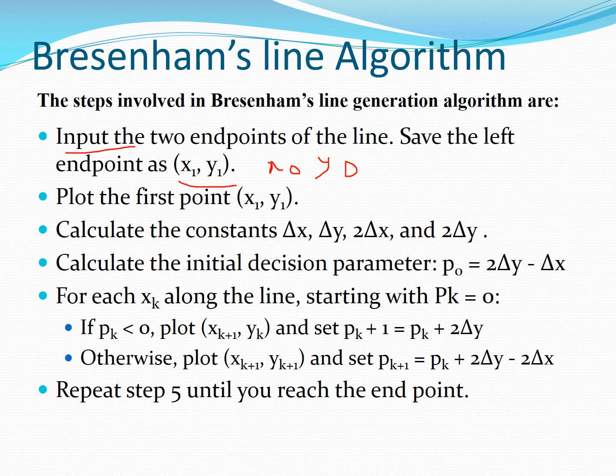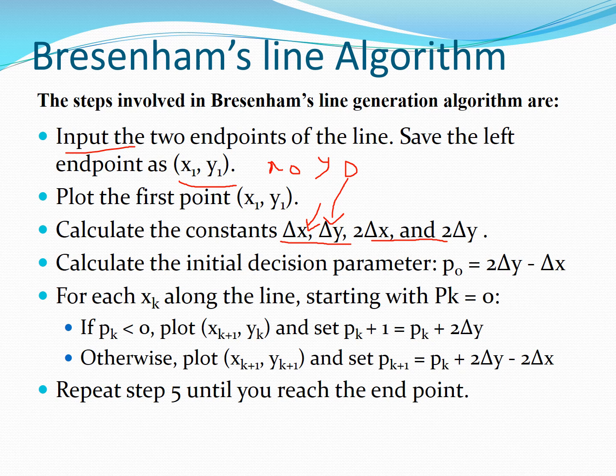First we need to calculate delta x, delta y, 2 delta x, 2 delta y. Why do we need this? Delta x is the difference between x2 and x1, the final and initial values of the x coordinate. Similarly, delta y is calculated from the final and initial y coordinate values.